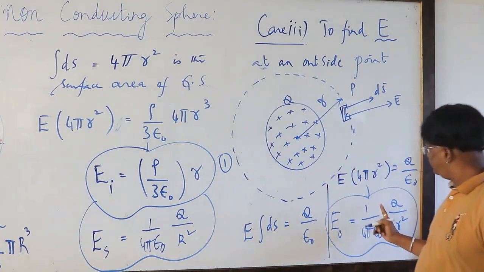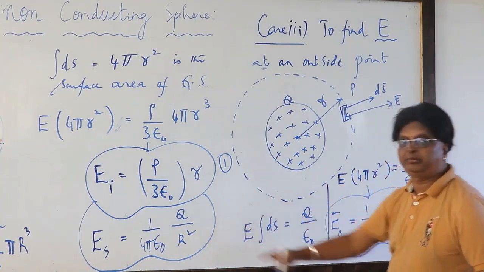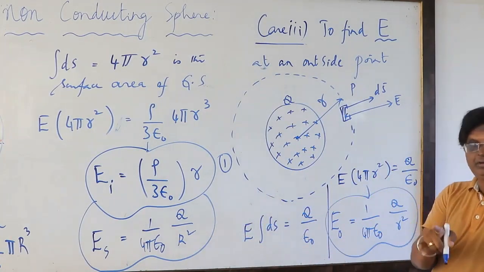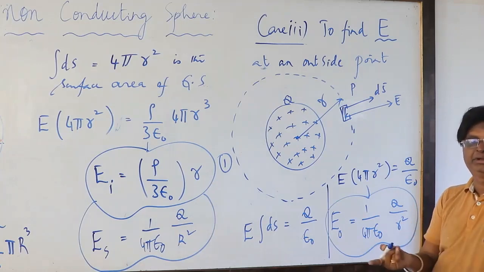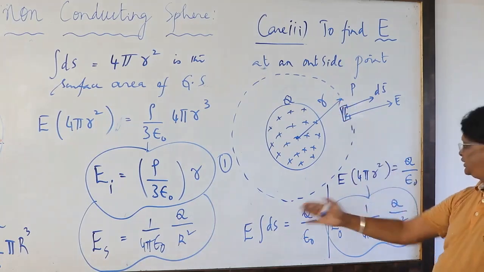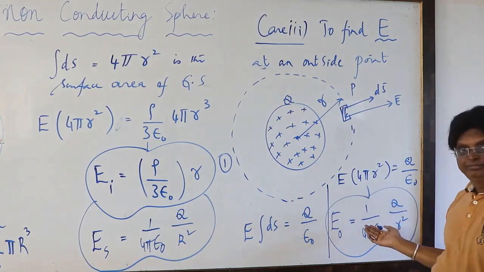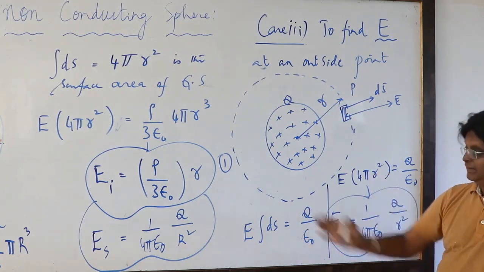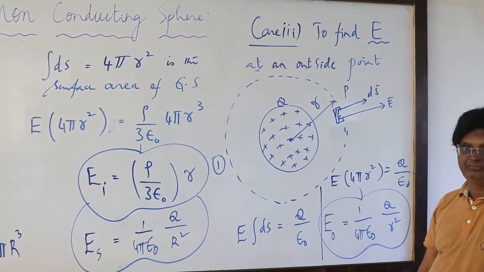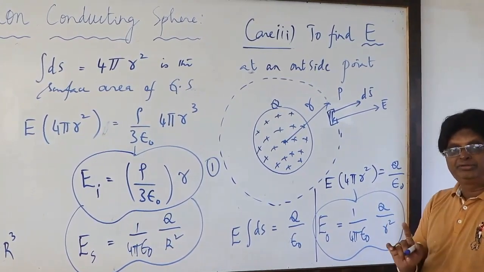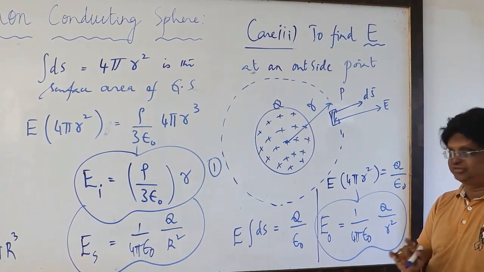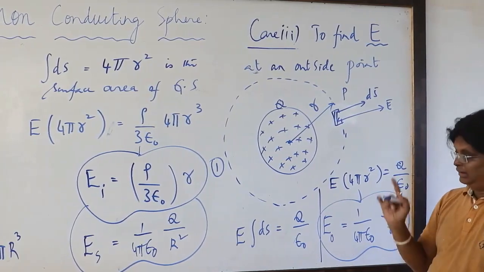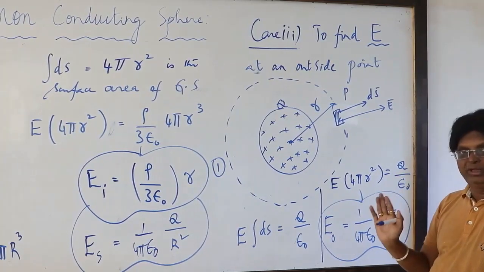Remember, for outside point and surface, whatever results we got for a charged conducting sphere and a charged non-conducting sphere, the results are one and the same. But there is a huge difference with respect to the inside point. In the case of a charged conducting sphere or shell, the field inside is always 0.